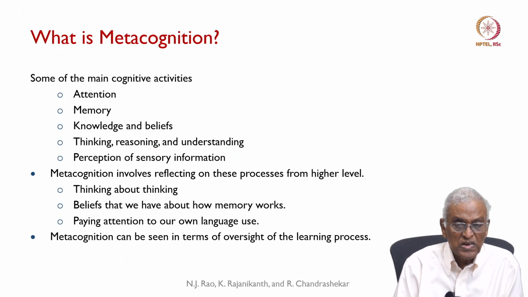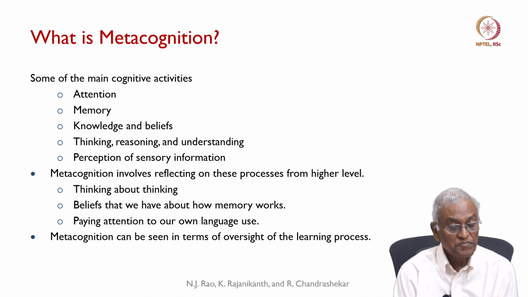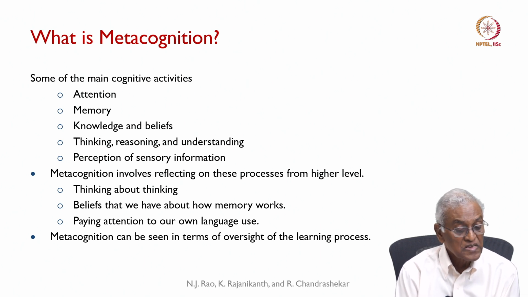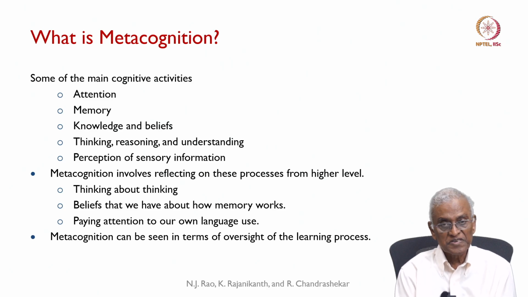Okay, to quickly recapitulate something about metacognition, some of the main cognitive activities, if you talk about cognition, you define through these processes: attention, memory, knowledge and beliefs, thinking, reasoning and understanding, perception of sensory information.